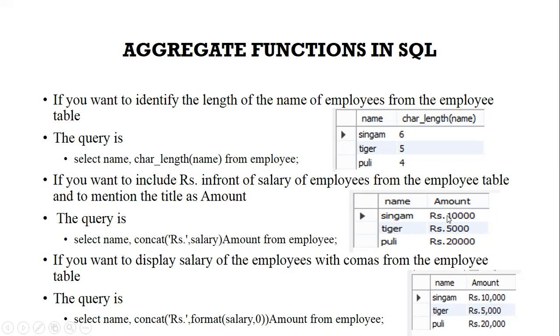This amount will be mentioned as the title here, and concat RS dot salary means RS will be mentioned before the value of the salary. Both the things will be concatenated.